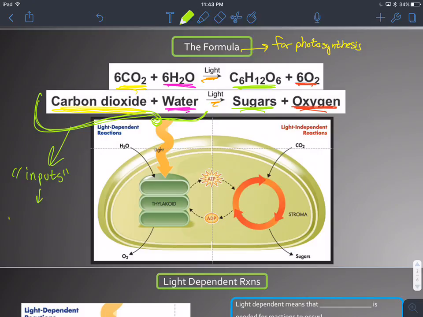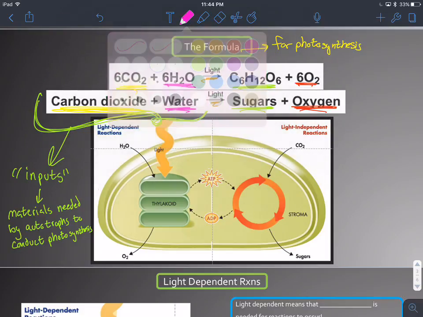These are materials needed by autotrophs to conduct photosynthesis. If we don't have these inputs, we actually can't have photosynthesis occur. We need these inputs.